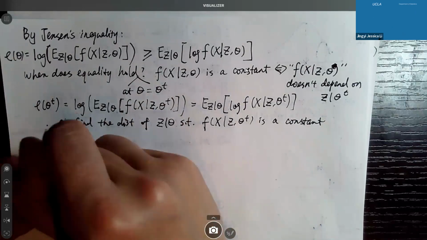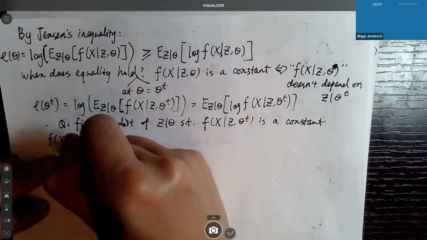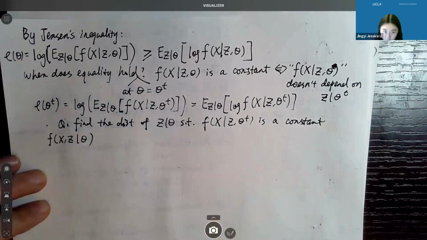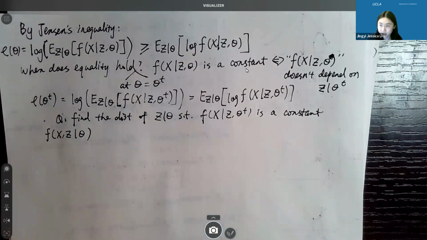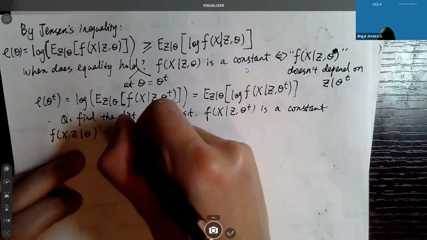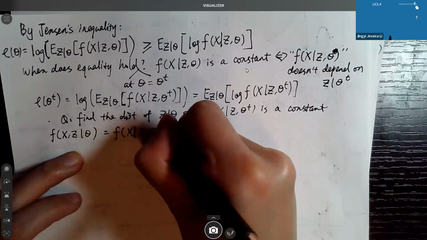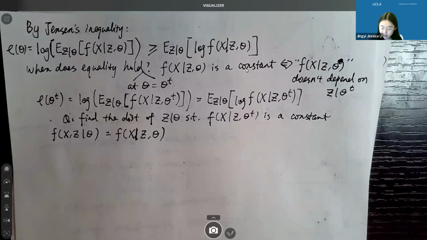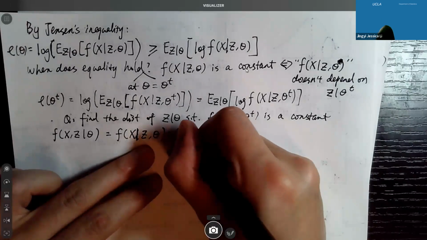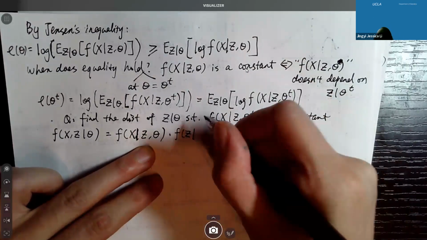So what I really mean is that if you think about this joint density, and we factorize it, here we can treat this x and z like this. So we still keep it as this, but for the z part, we can let it vary.